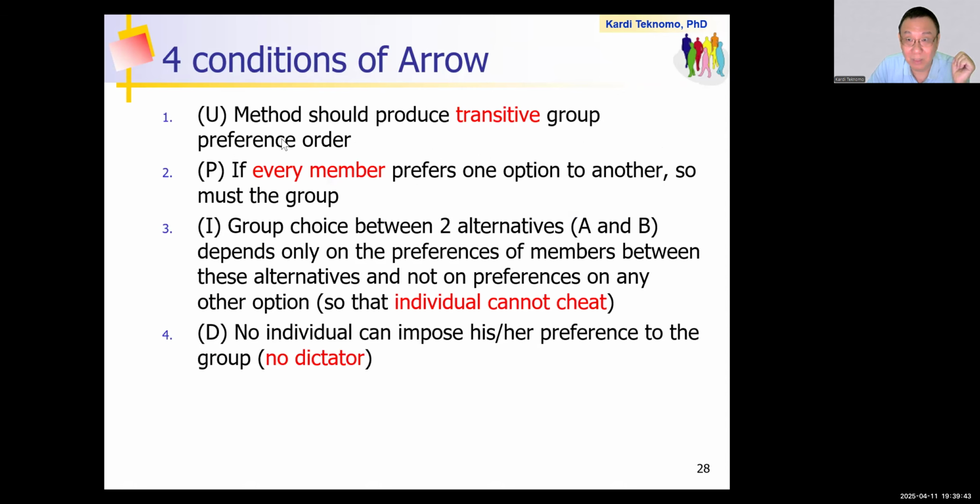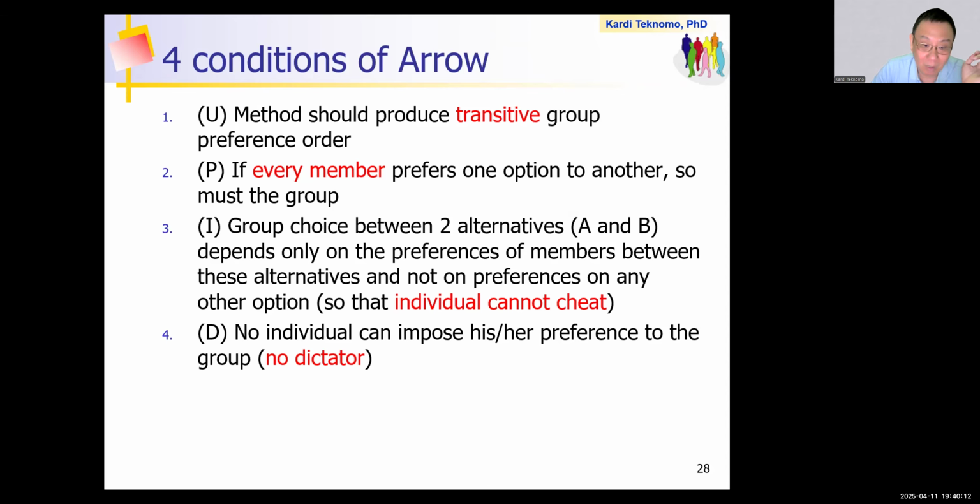Number 1, the method should produce a transitive group preference order. This is unrestricted scope, meaning rational. Transitive means rational. The second condition of Arrow says, if every member prefers one option to another, then the group must also do the same.